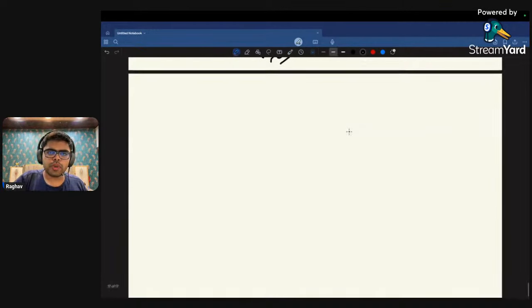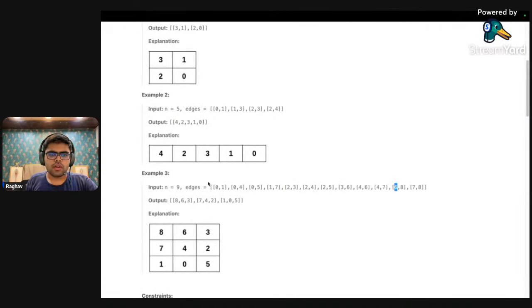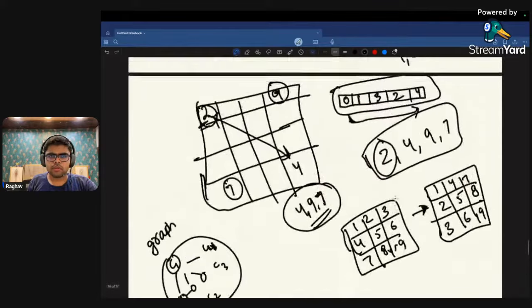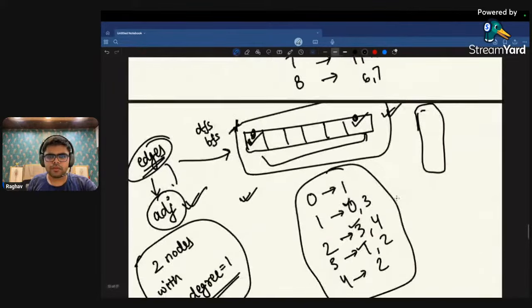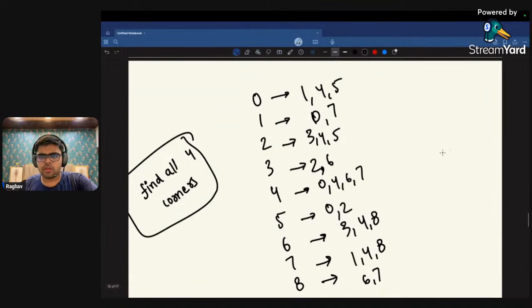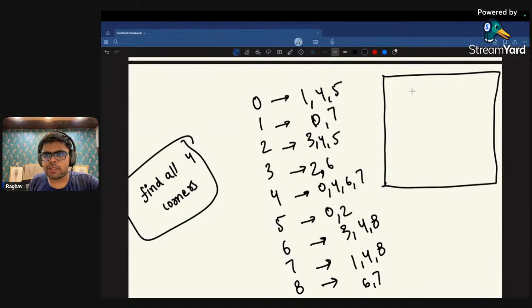And let me show you a dry run as well for this example. Yeah, maybe I can draw it here itself. This is the example 3. Dry run for the example 3.